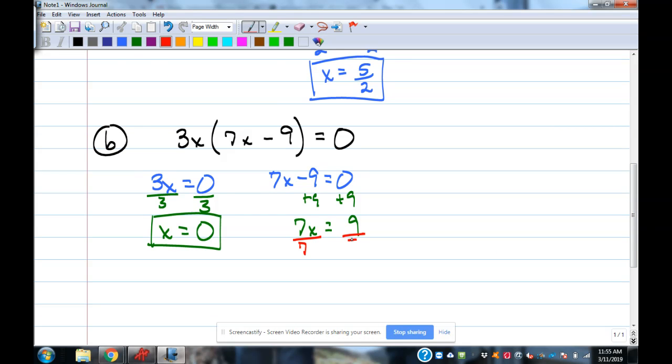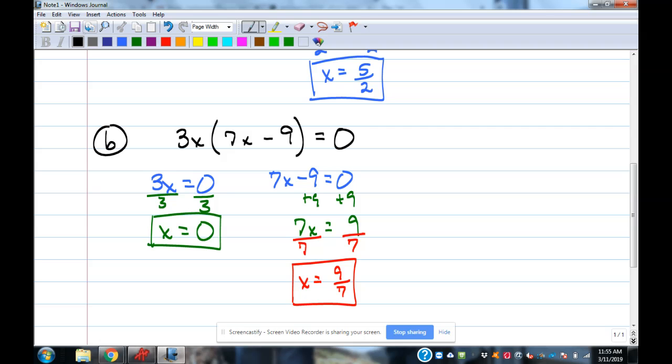Divide by 7. 9 over 7. Leave it as a fraction. 2 factors, 2 answers. Okay. Not hard, especially if it's already factored for you. Okay. You don't get a lot of those, but knowing that basic step there is the start of what we're doing here.